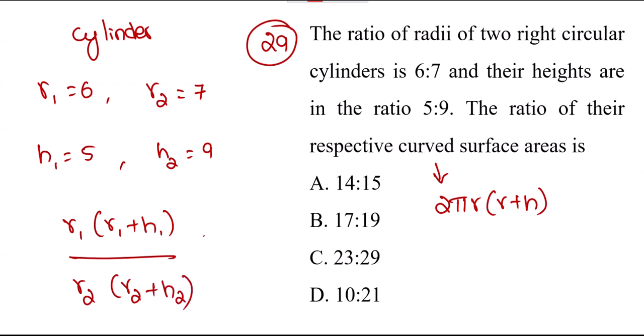So r1 is 6, r1 plus h1 is 11, r2 is 7, 7 plus 9 we got 16.